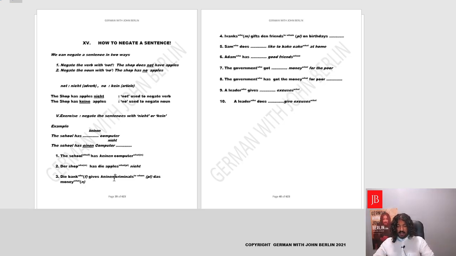But this keinen is different from the one earlier. This is dative, this is accusative. This one has an extra n, which goes with the noun, which we learn when we get started with complete German sentences.